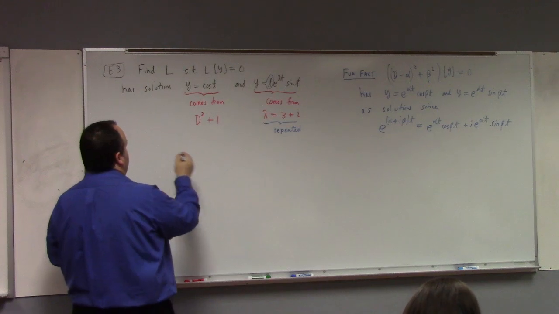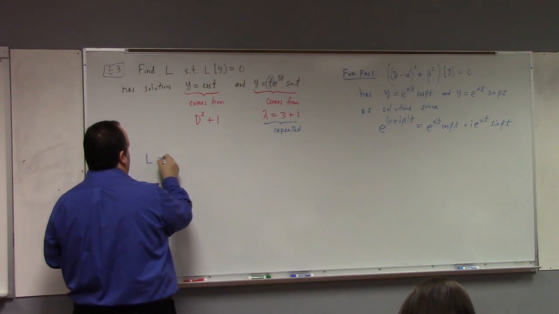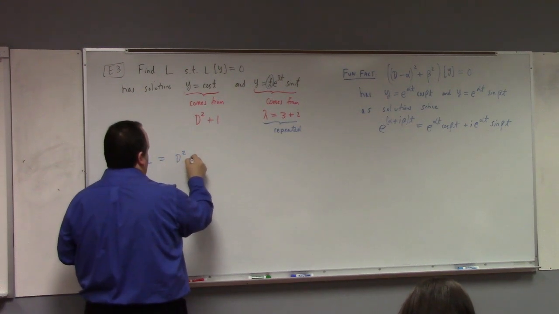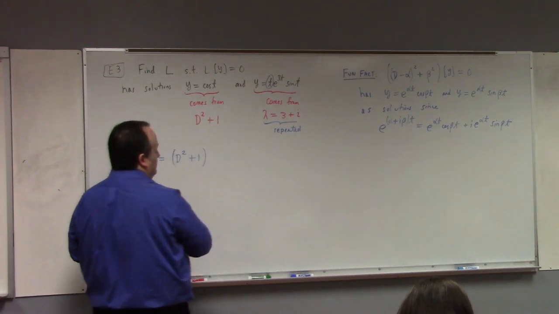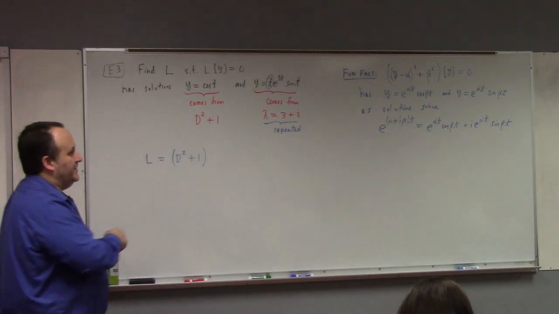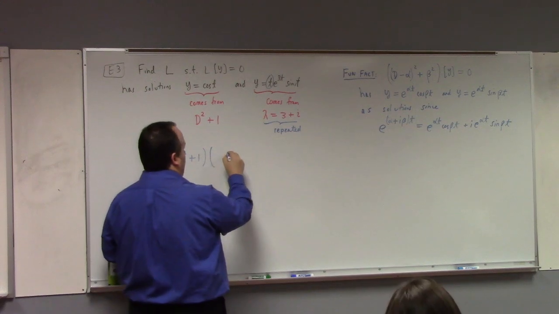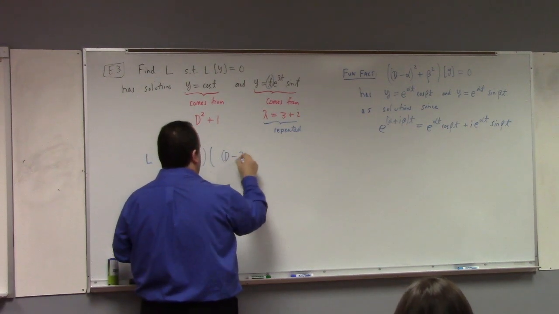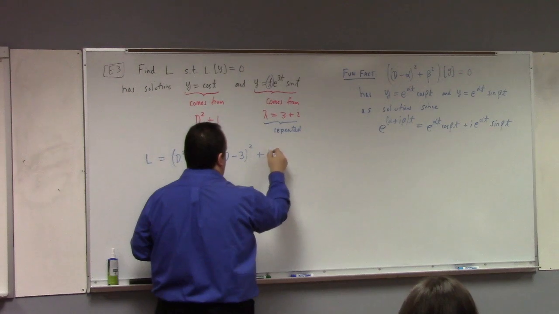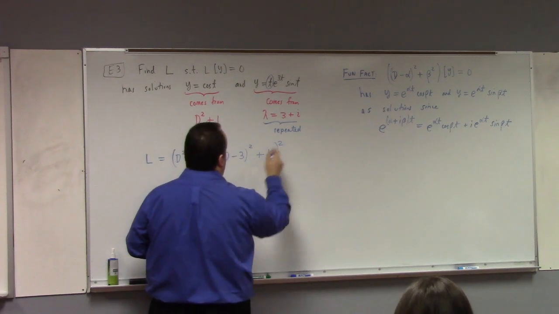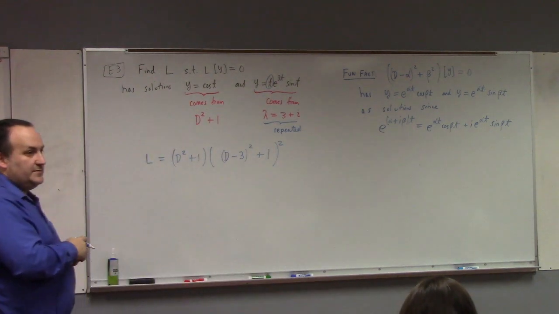So what I cipher from this is that I can choose L equal to D squared plus 1, right? And in order to pick up that as a solution, I need (D minus 3) squared plus 1, but that has to be squared in order to pick up the t solution there.